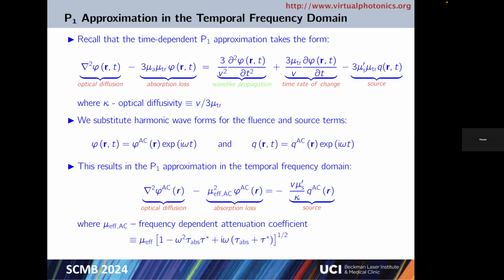It's actually not exactly the same. Here we calculated T star as 1 over mu_s' v, because I was just looking at the time scale for isotropic scattering. In this analysis, T star also takes into account absorption. But in the context of where we typically use frequency domain, where absorption is low, that modification is really not significant.